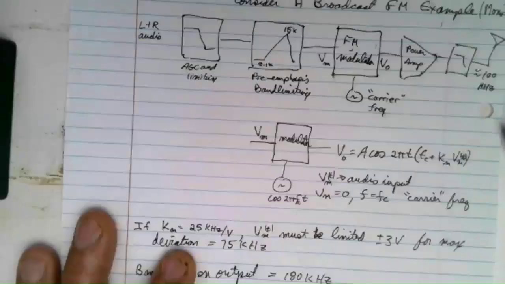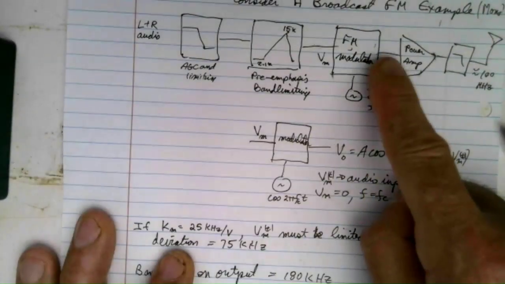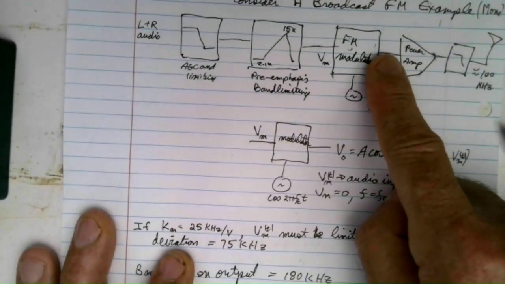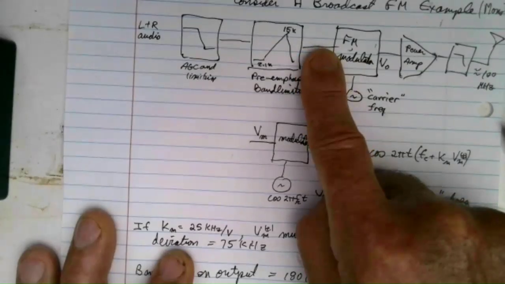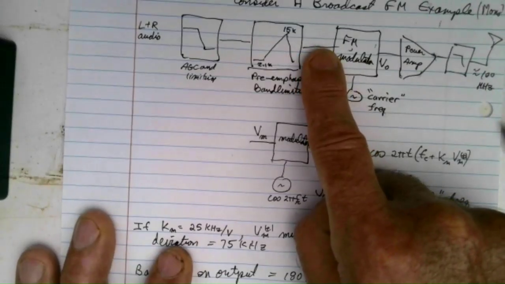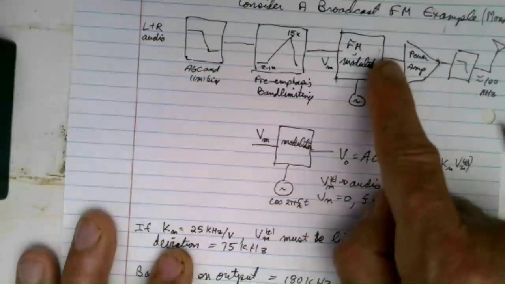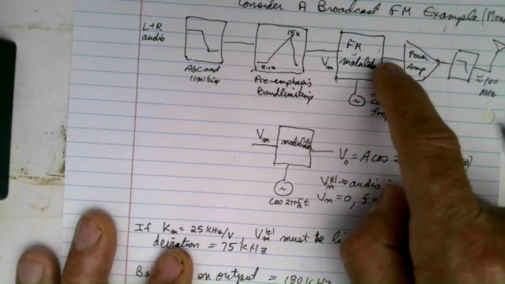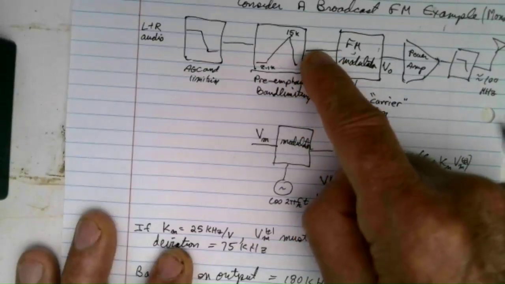Now, note that this particular system is a little unusual, maybe, in that the bandwidth of the output is determined more by the voltage here than it is by the frequency here. So you can easily, with a 1 kilohertz modulation frequency here, have 75 kilohertz deviation here, just depending on what the amplitude is of the voltage here.